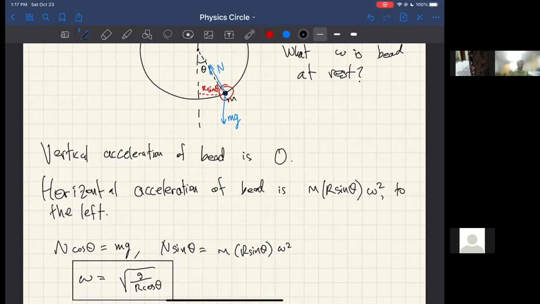What is the minimum, according to this answer, what is the minimum possible value of omega? Yeah. So it's square root of g over r, which means that it's not 0. So what happens if I spin the hoop with omega less than root g over r? Can somebody tell me?